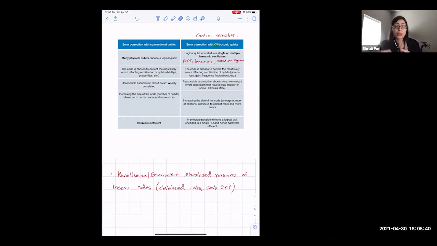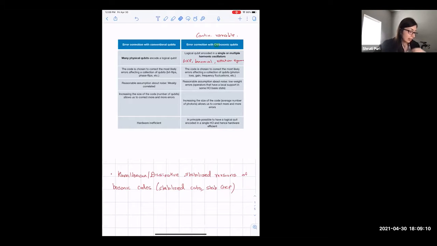So, for example, if you're looking at Fock states, then it's very unlikely that you are going to suddenly go from a vacuum state to a 50 photon Fock state. Those errors are much less likely. The more likely errors are that you go from the vacuum state to the 1 photon Fock state, maybe to the 2 photon Fock state, and things like that. So the assumption here is that you have low weight errors.